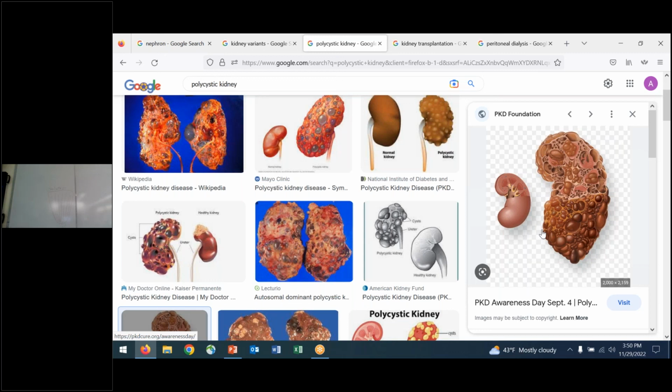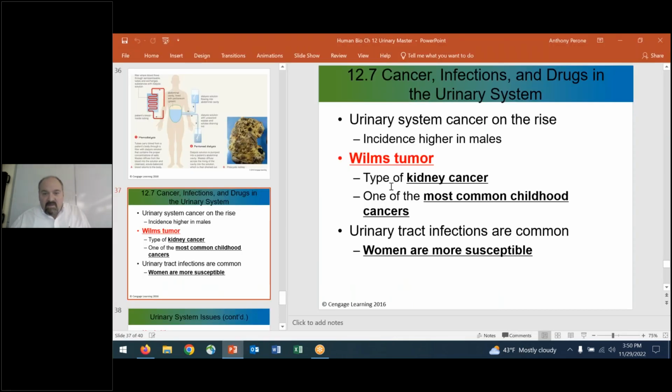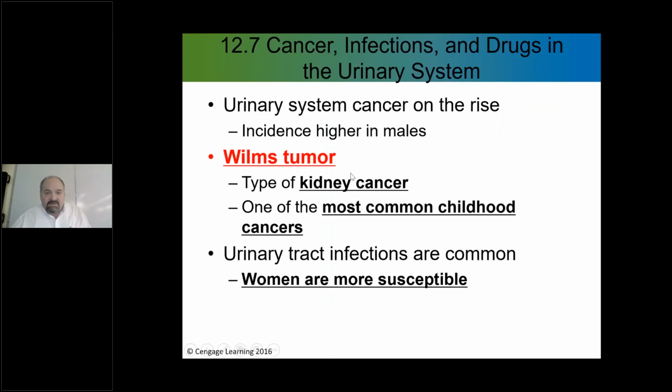So this tumor, Wilms tumor, is something that can occur in the urinary system, a type of kidney cancer, the most common childhood cancer, so it's a terrible one. UTIs, urinary tract infections. Women are more susceptible. Why would that be?